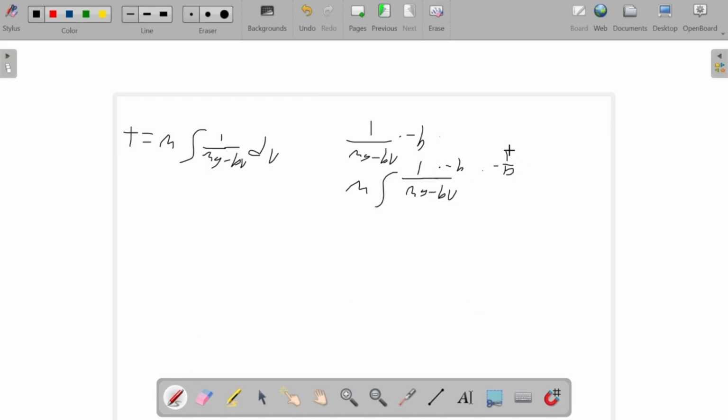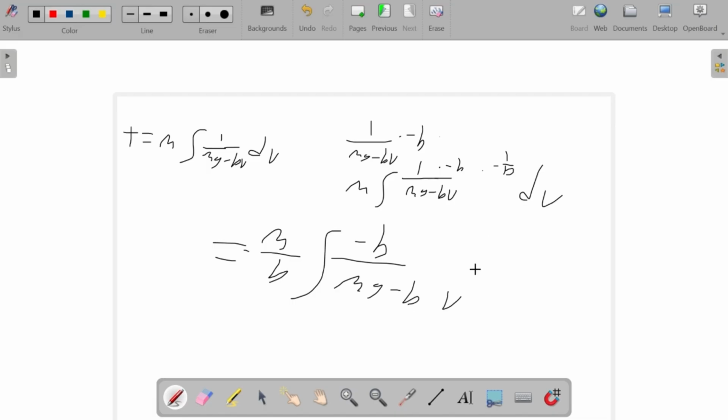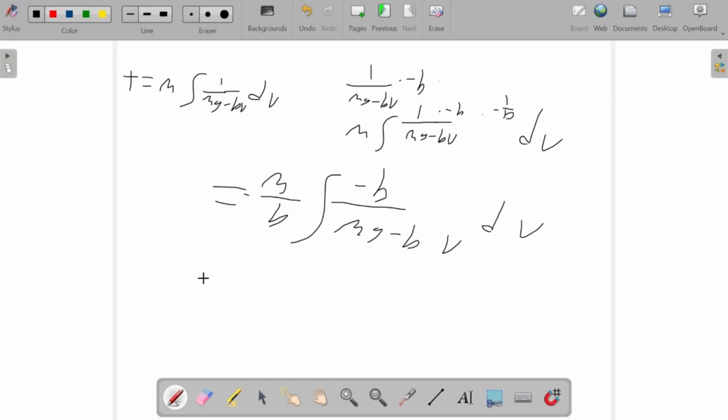And what we're going to do is keep the minus b here. We're going to factor out this minus 1 over b because it's a constant. So that what we can guess is that this is equal to minus m over b times the integral of minus b over mg minus bv. I forgot to write the dv here. It's dv.